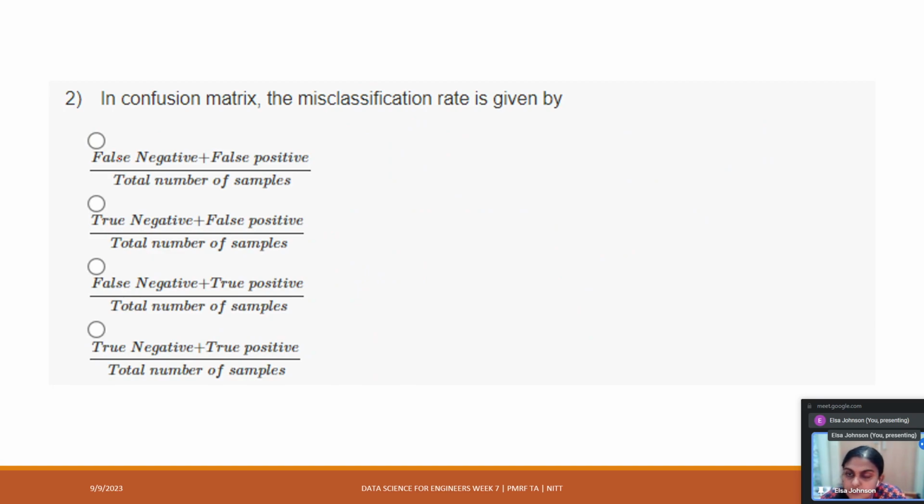Now, in the confusion matrix, the misclassification rate is given by, so for that I will brush through what the confusion matrix is, which you have seen earlier.